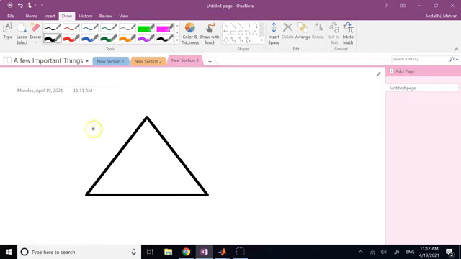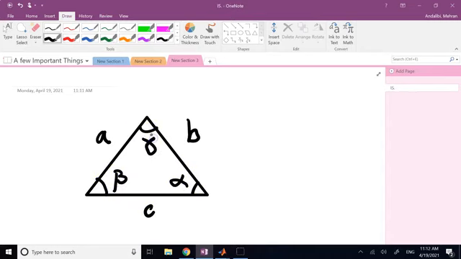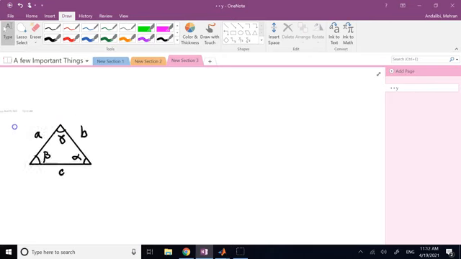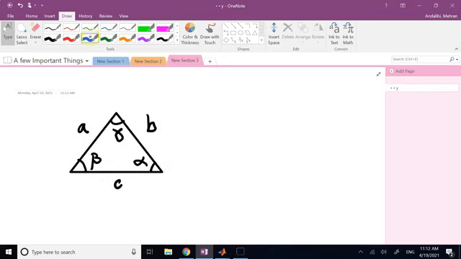If you have a general triangle with the three sides being equal to A, B, and C, and the three angles to be alpha, beta, and gamma. Okay, so this is an arbitrary triangle. No two sides are necessarily, or two angles are equal.